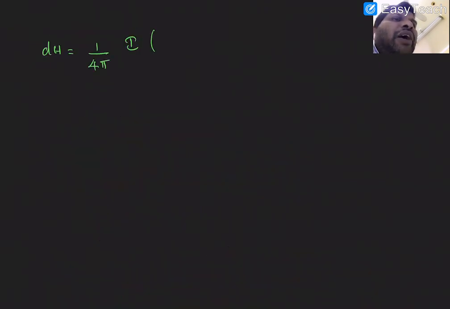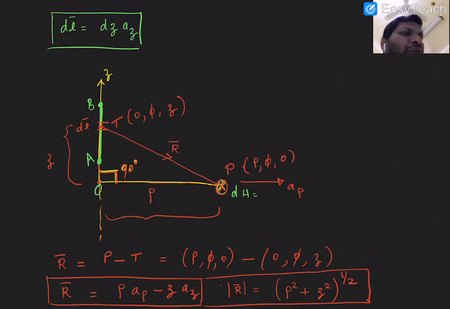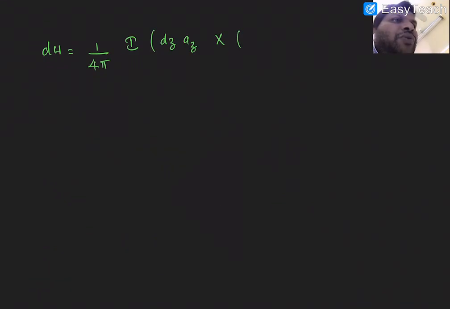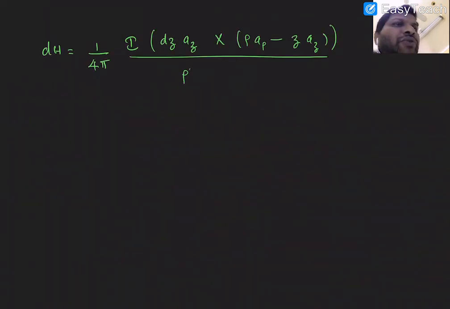So dl bar is dz into a z cross vector R, and vector R is rho a rho minus z a z, divided by the magnitude of vector R, that is rho square plus z square whole power 1 over 2.